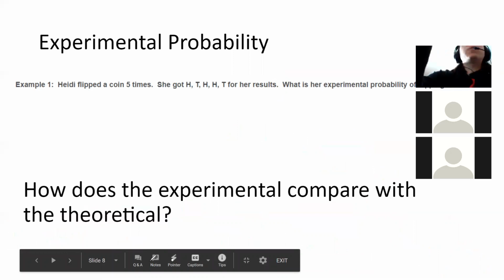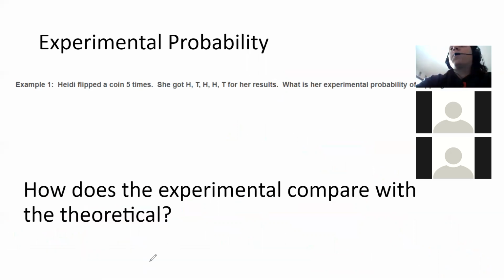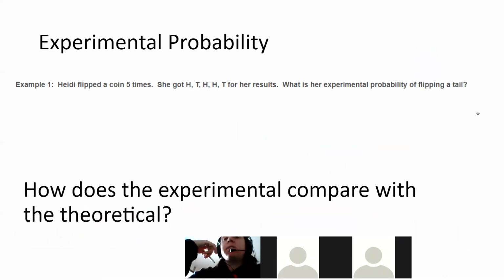Okay, so let's talk about experimental probability. Okay, so we have Heidi, and she actually did the experiment, okay? She flipped a coin 5 times. So experimental probability is a little different than theoretical probability. Theoretical probability goes off of how many outcomes in theory there should be, but experimental is what actually happened, okay?